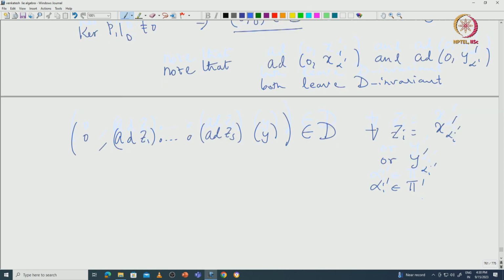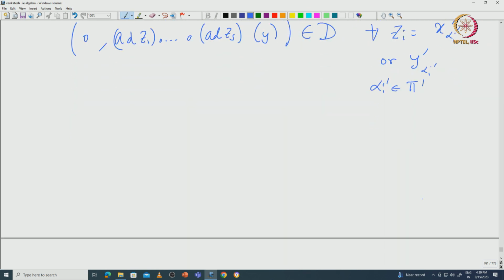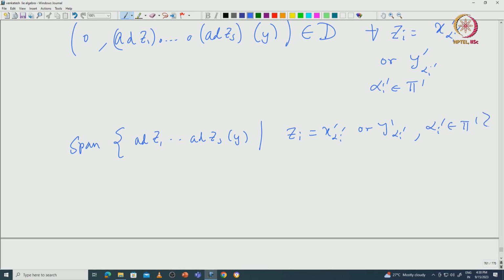Clearly the span of this is also going to be inside D. Now you can easily see that the span of all these elements, ad z1 composed through ad zs on y, where zi is either x alpha i dash or y alpha i dash, is exactly g dash.